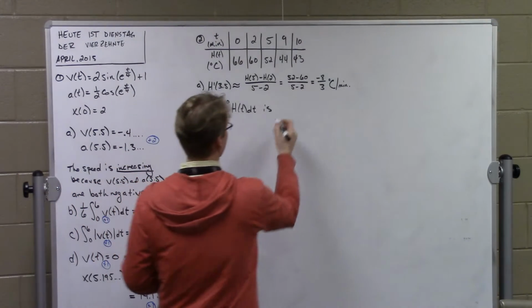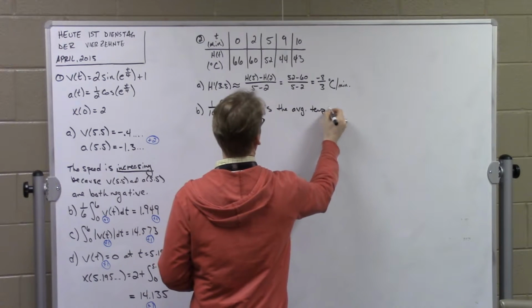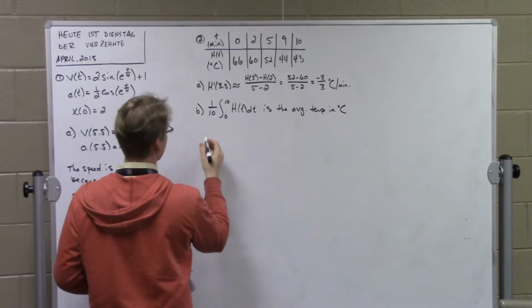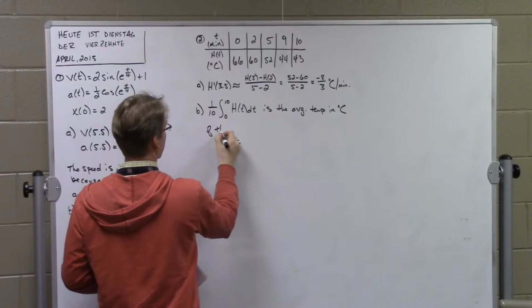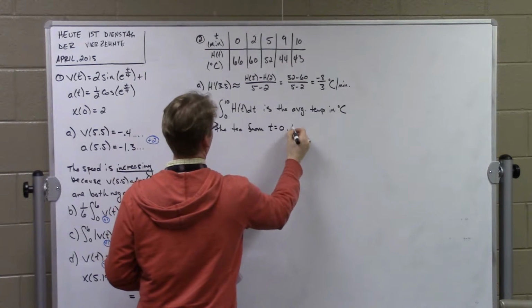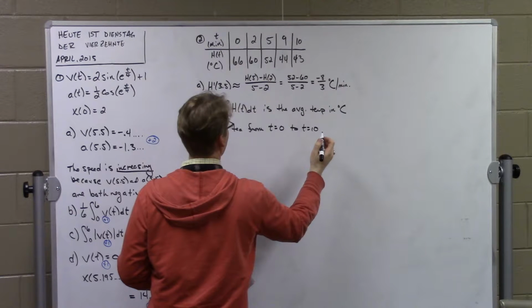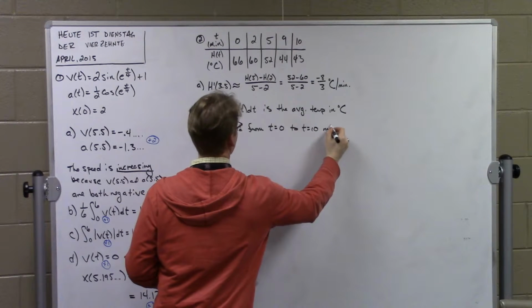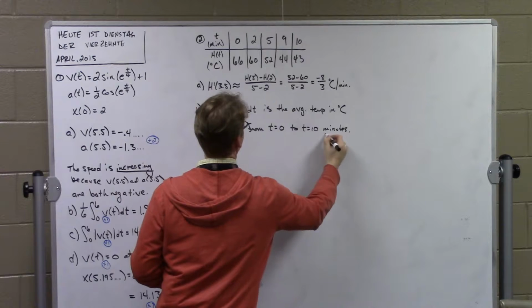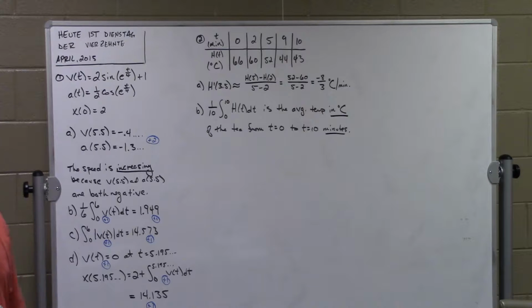It is the average temperature in degrees Celsius from T equals 0 to T equals 10 minutes. All these little half points I've been giving you might come back to haunt you now, because I'm actually giving you some kind of credit. You needed to show units in this one as well. Anytime they say explain, you better be descriptive.